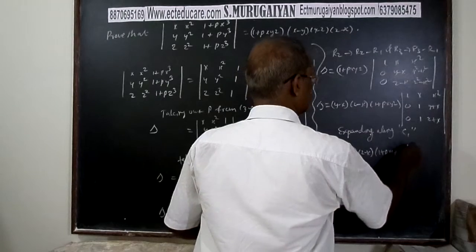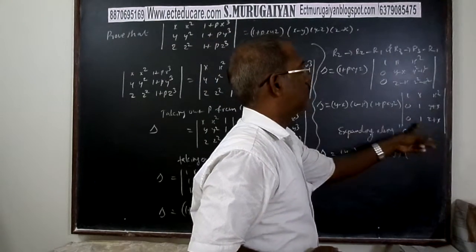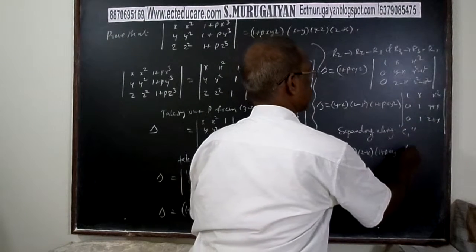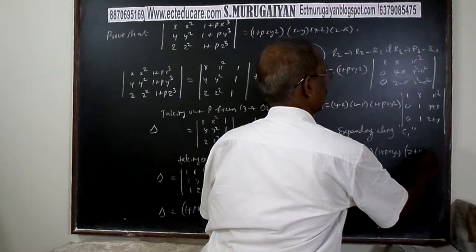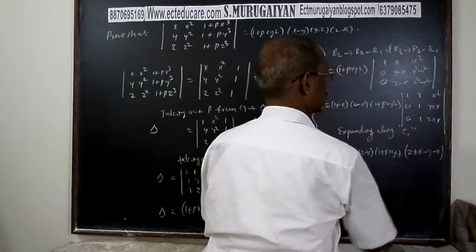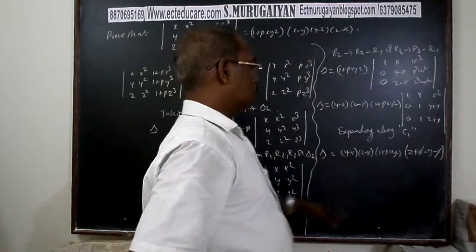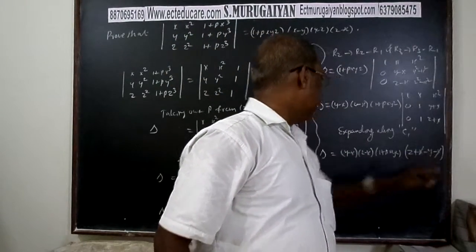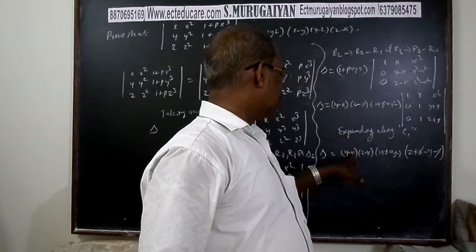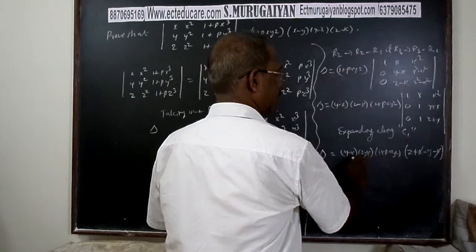delta equals (y minus x)(z minus x) into (1 plus pxyz) into A11 times the cross product of these four elements: z plus x minus y minus x. So minus x and plus x cancel. So z minus y, y minus x, z minus x. So this is already in cyclic order.